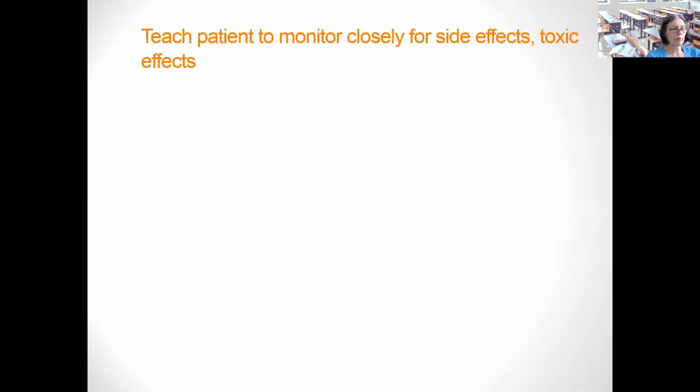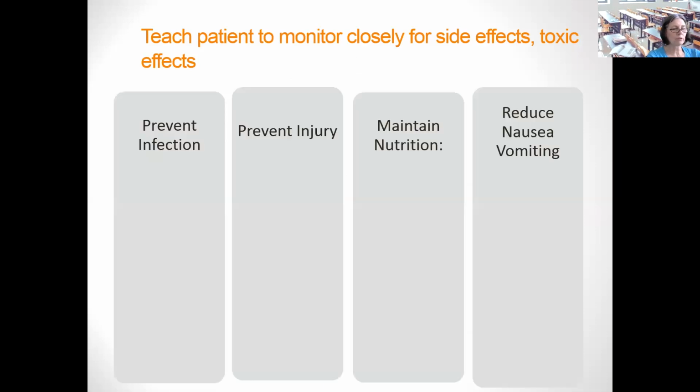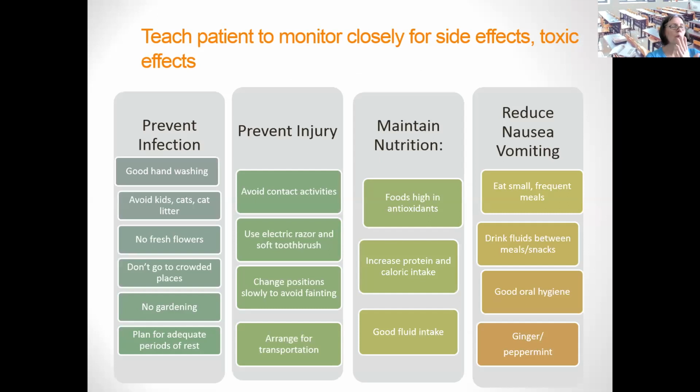Okay, so again, we want to teach our patient to monitor for as much as they can. So we're asking them to prevent infection. So they need good hand washing. Stay away from children with acute communicable diseases, runny noses, who've recently had live virus vaccines. Don't pet your cats and don't let them scratch you, and don't clean out the kitty litter or the bird cages. No fresh flowers, neutropenic precautions. Don't go out into crowded places.